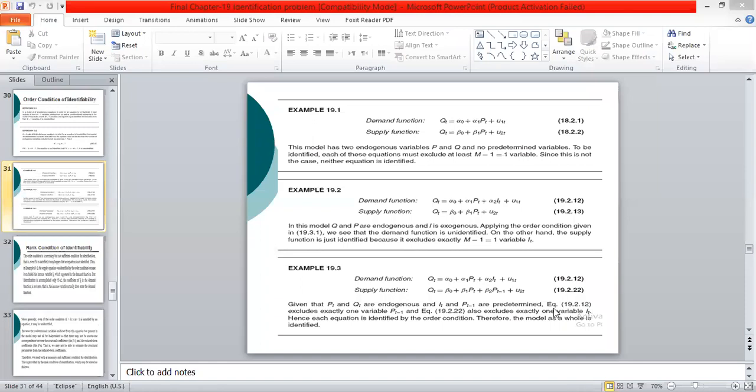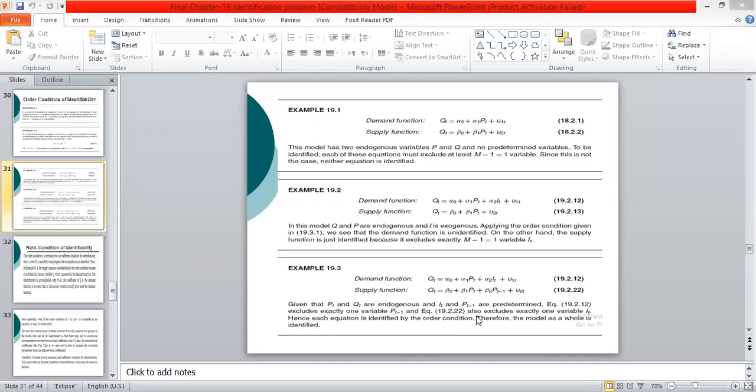The demand equation excludes exactly one variable, that is PT minus 1. You can look at the model that PT minus 1 is excluded here. So this shows the exclusion of one variable, and the formula also shows that m minus 1 equals 1.